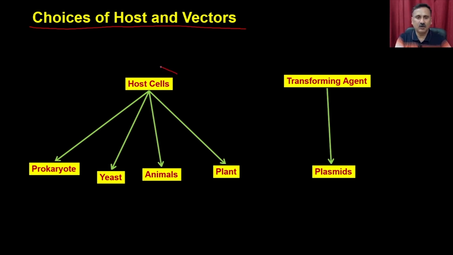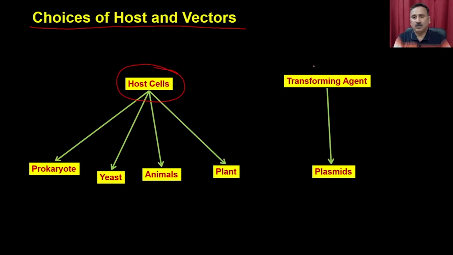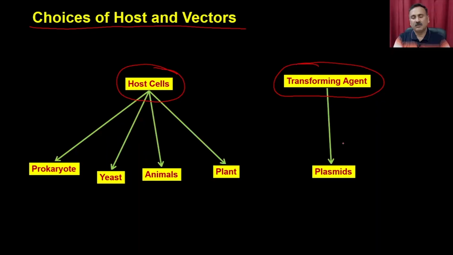One is the host cells, which you are going to use as the protein production machinery, and then you also have the transforming agents, which are used for providing the instructions. You first use the instructions and put them into the production machinery, and that's how you use that machinery for protein production.